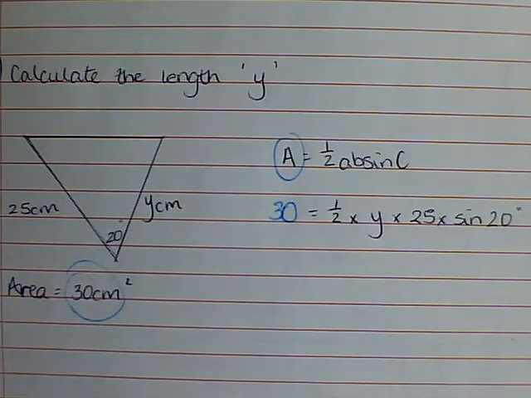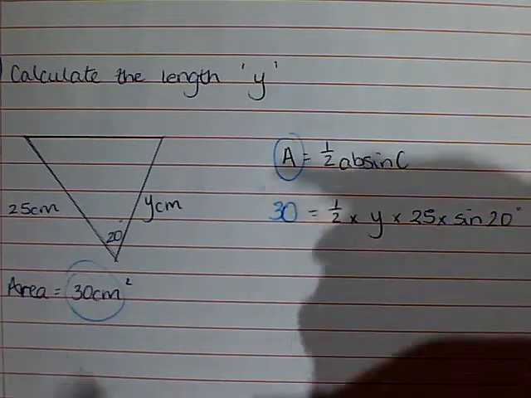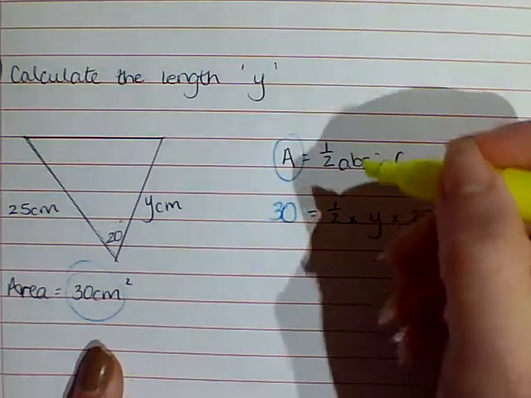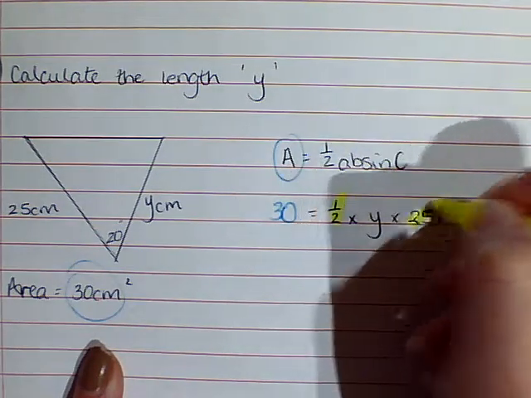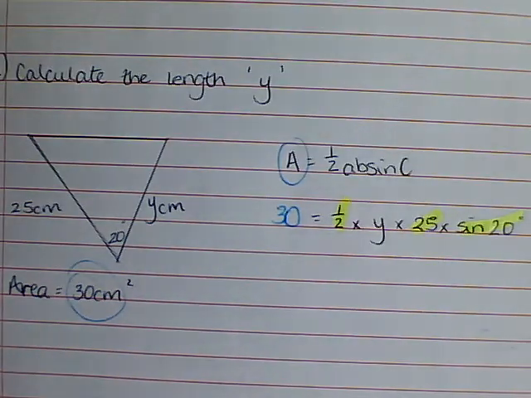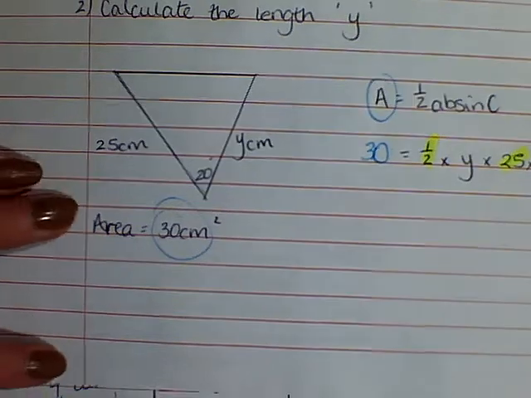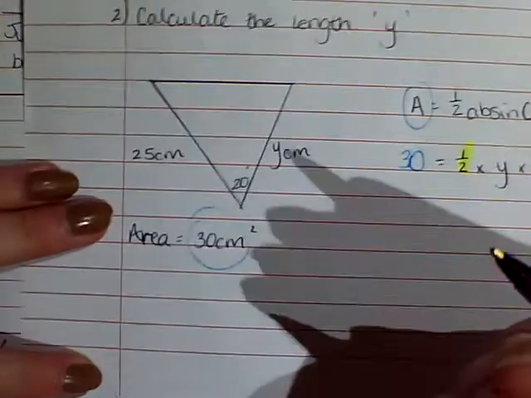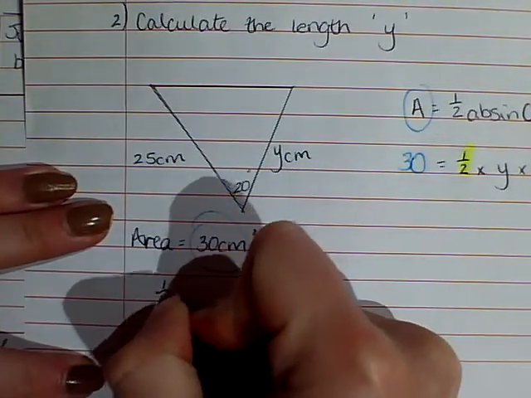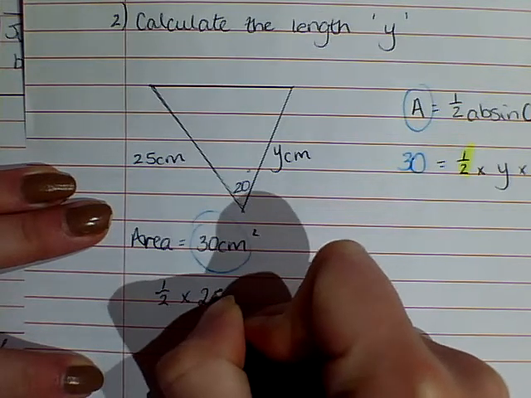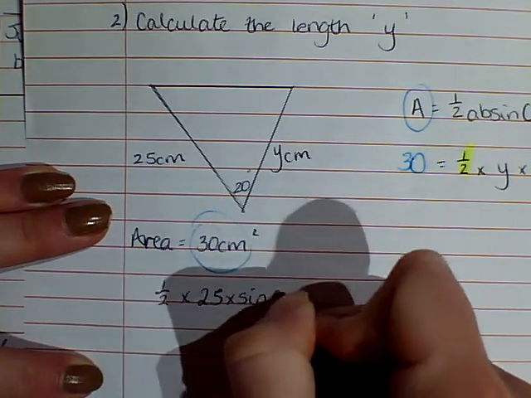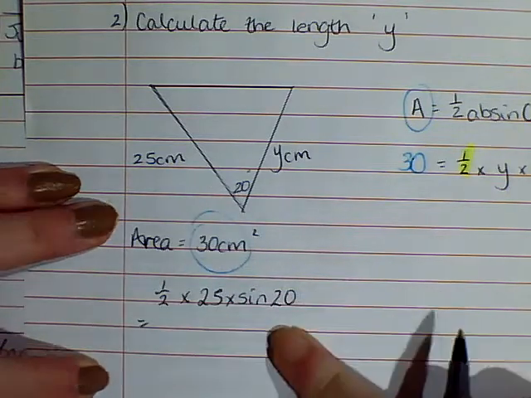I'm now going to calculate, using the calculator, what these values are. So I've got a half times 25 times sine 20. And you do not need to write this, by the way, taking it to the side, but I am just showing you what it is that I'm doing. Okay, so that is what I'm typing in the calculator.